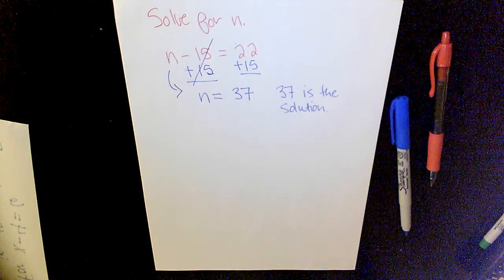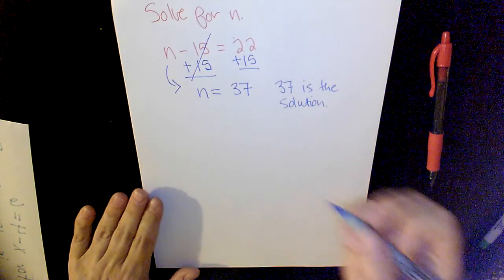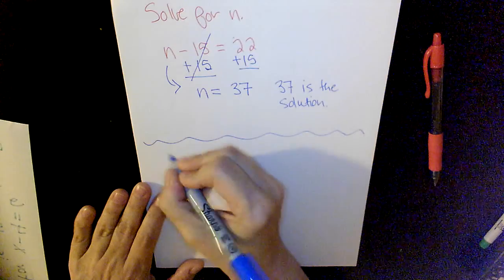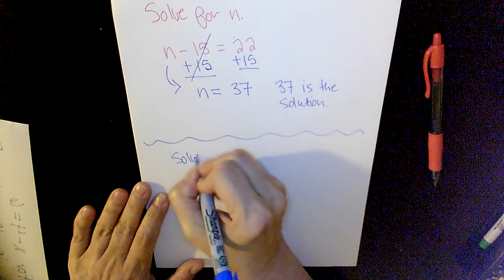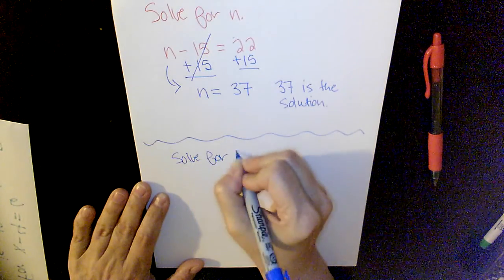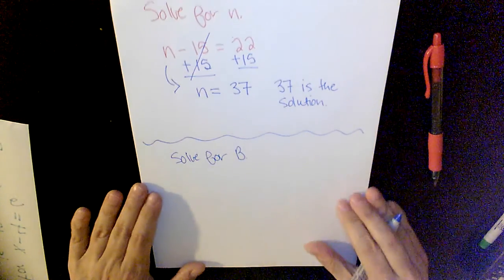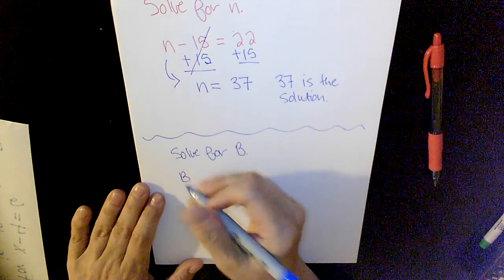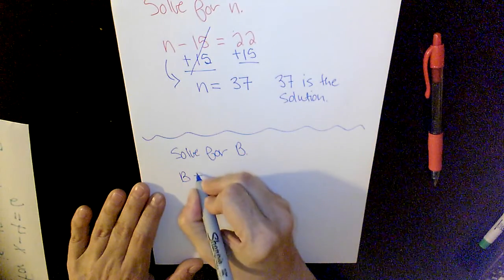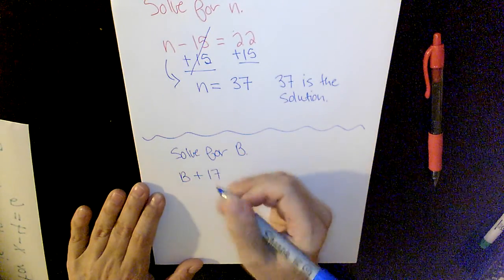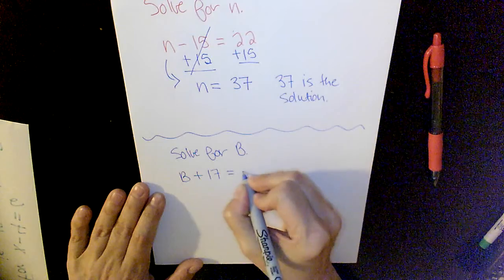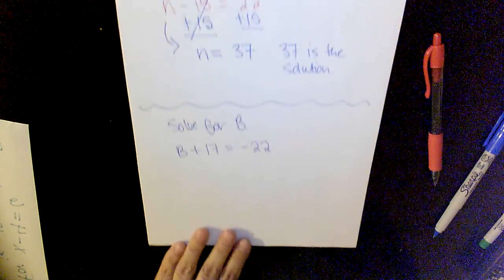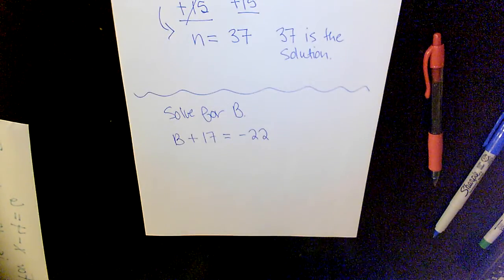Okay, let's look at another one. Let's solve for b. Okay, so b plus 17 equals negative 22. Okay, so I want to know, what does b equal?